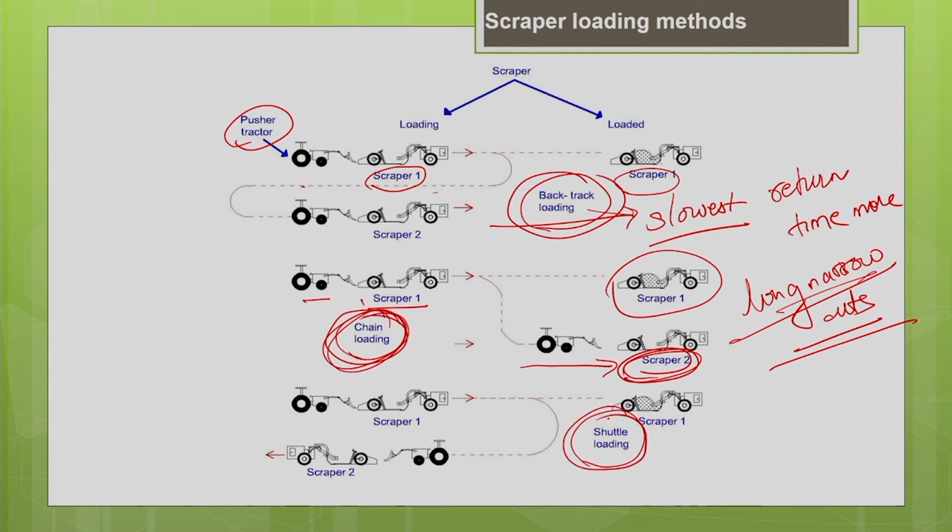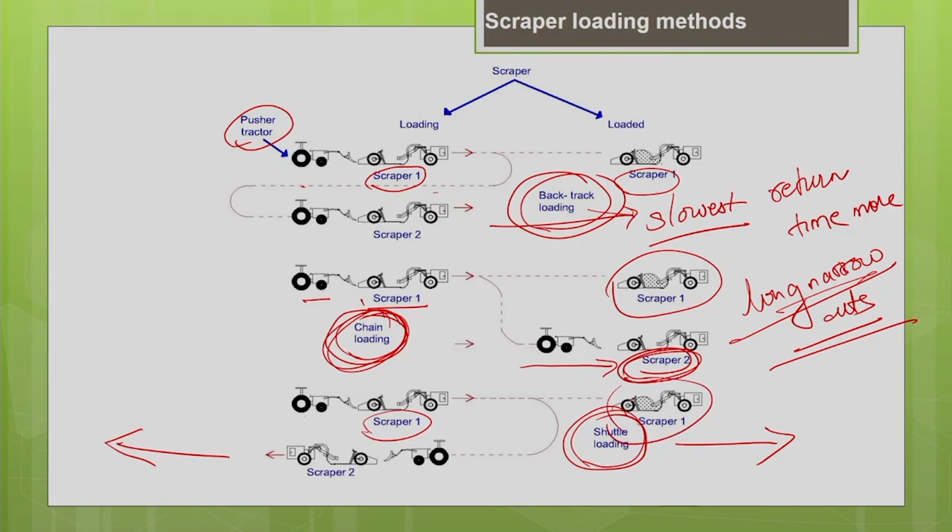The next one is shuttle loading. This is not commonly followed, but you can follow it when you have two fill areas, that means you have a fill area in this direction as well as in this direction. If you have fill areas in both directions, then you can follow shuttle loading. Here the pusher is pushing scraper 1. Scraper 1 is now fully loaded.